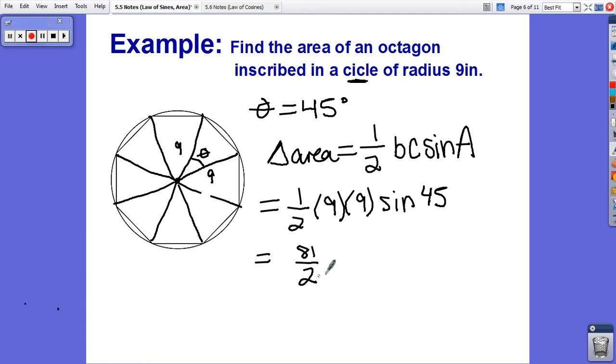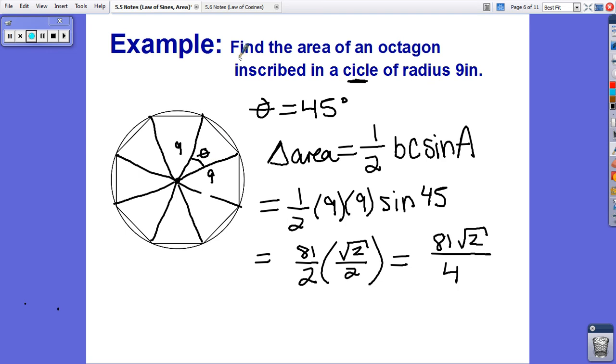We're not going to use a calculator at all for this, because you know that the sine of 45 degrees is really root 2 over 2, right? Pi over 4. Sine to the y value, root 2 over 2. So that means that this is equal to 81 root 2 over 4. That would be the area of just this one triangle.